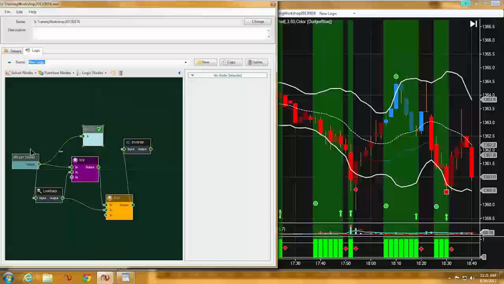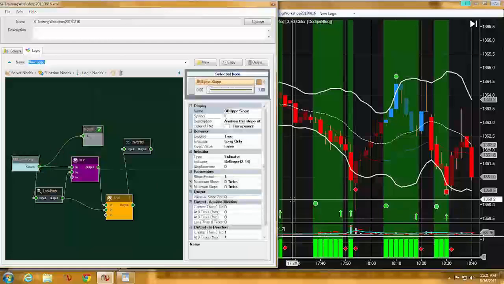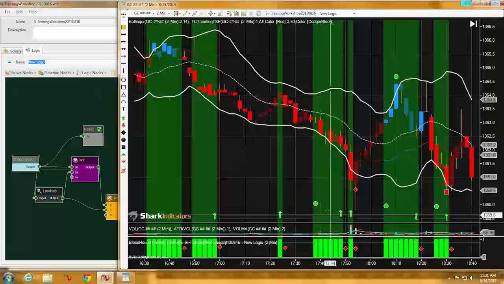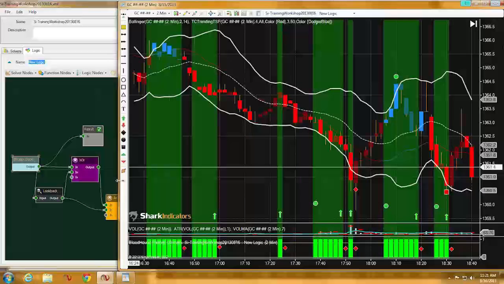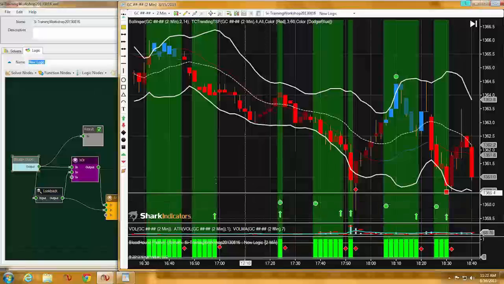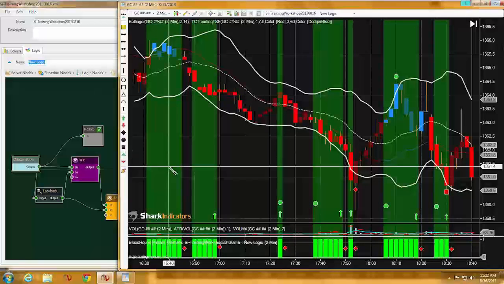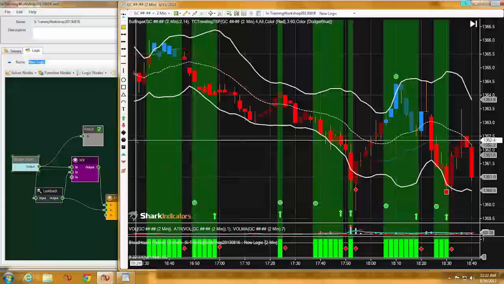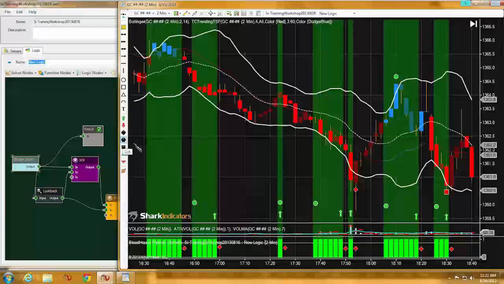So let's take a look at this. Remember, this is our entry signals. And, no, I'm sorry, the dots. So let me put some more dots. That's right. So the dots are marking the first entry bar.